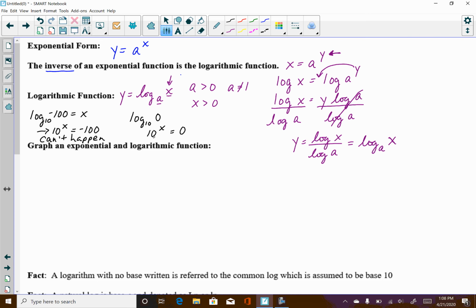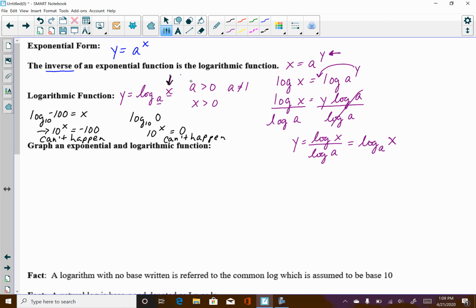You can say 10 to the 0 power, but anything raised to the 0 power is 1. 10 to the first power is 10. 10 squared is 100. If you raise 10 to the -1, you're getting 1/10. So you're not going to be able to do that either. So that also can't happen. So that's why I'm trying to tell you here that your x value, your argument, has to be greater than 0. It has to be positive, and it cannot even equal 0.